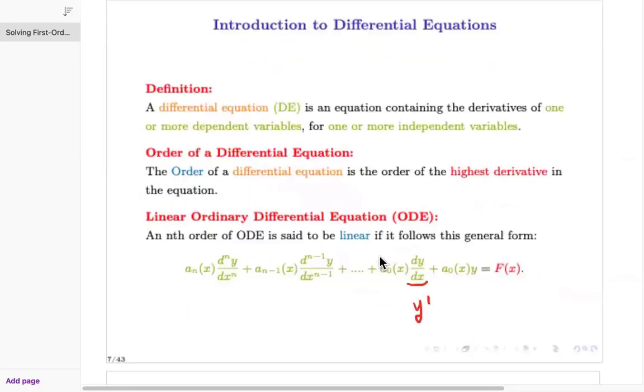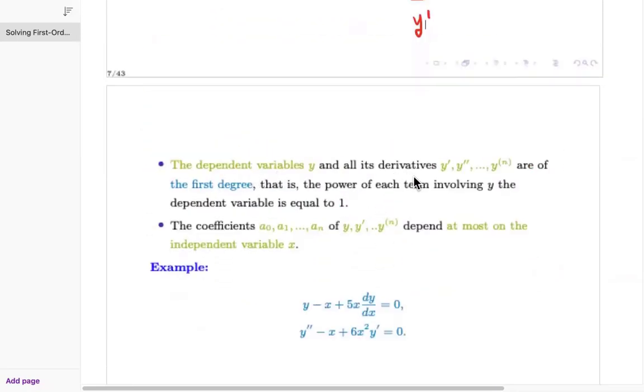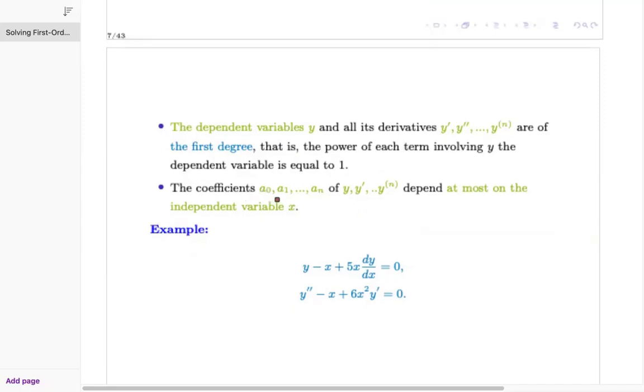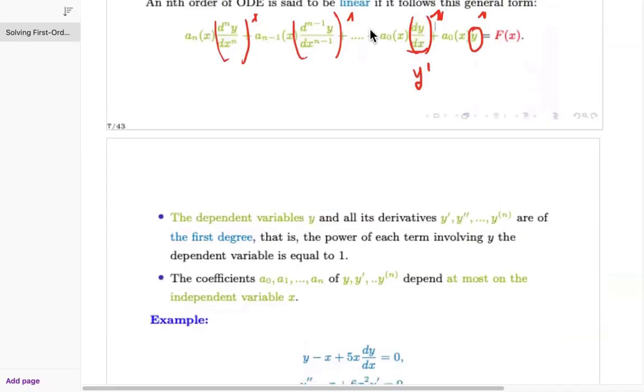To be considered linear, the dependent variable y and its derivatives are of the first degree. This means the power of each term involving the dependent variable y is equal to 1. Another important condition is that the coefficients depend at most on the independent variable x.